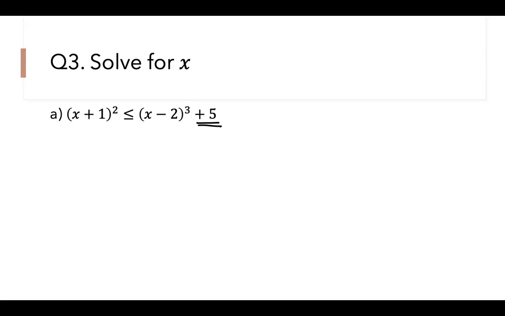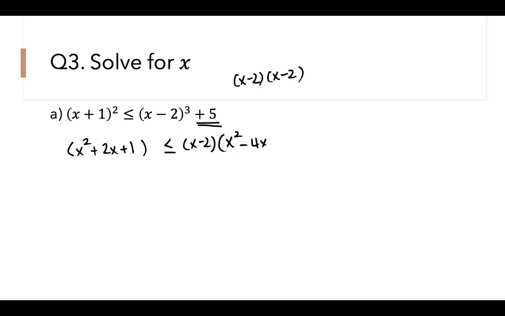So in this case, x plus 1 squared is going to be x squared plus 2x plus 1, okay, less than, and then we are going to expand for this one. It's going to be x minus 2. So I'm going to do the FOIL for x minus 2, x minus 2. So it's going to be x squared minus 4x plus 4 plus 5. Now I have to do the distributive property again, keep going.